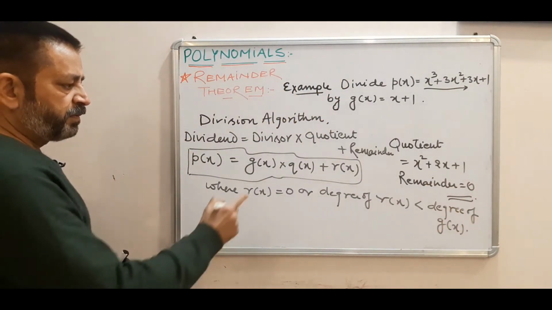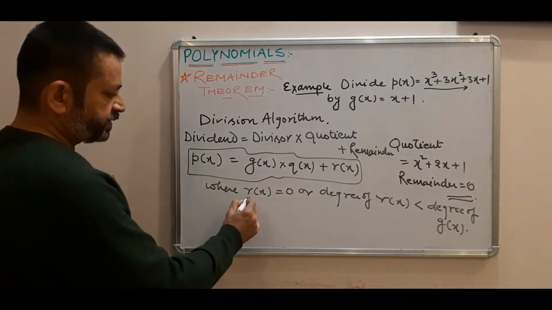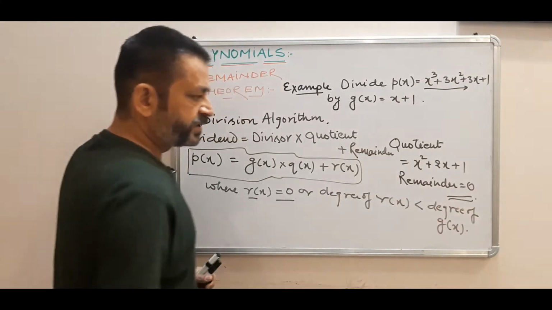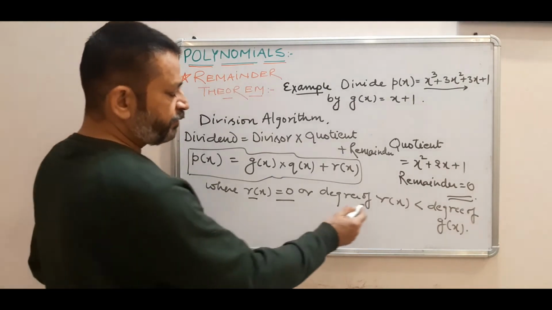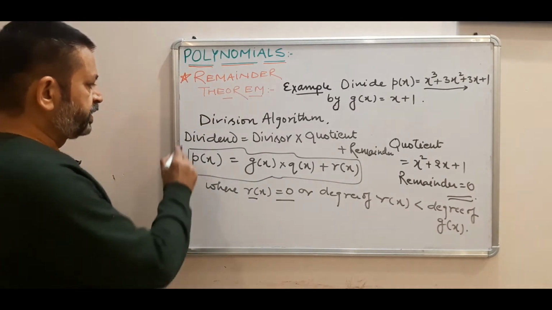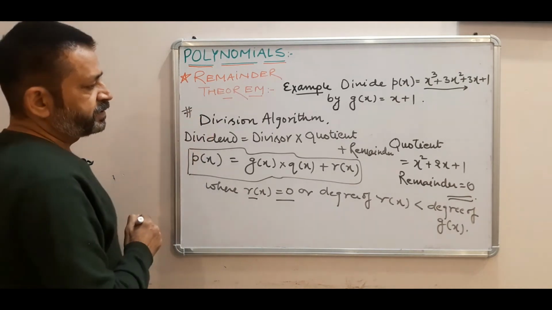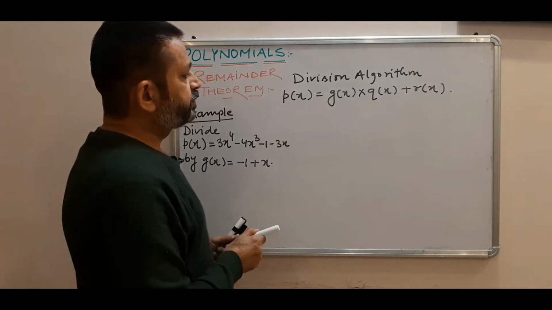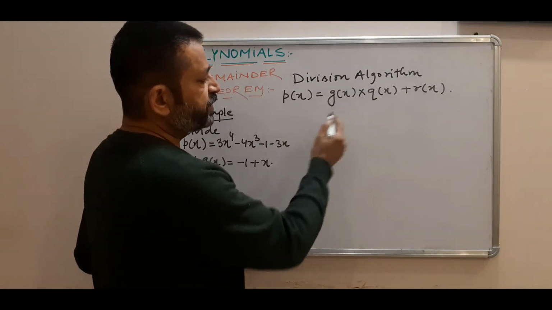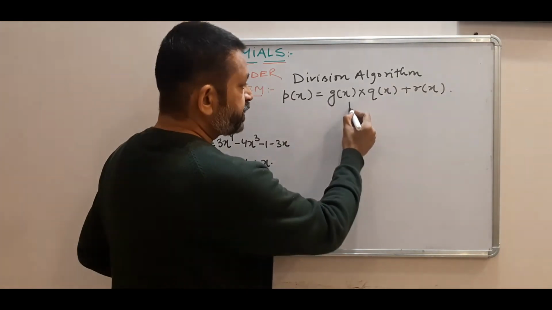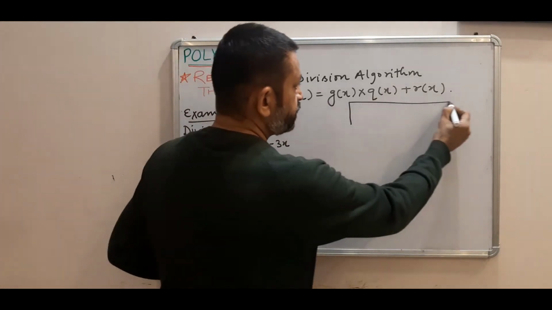Okay, remember this part, that r(x) may be 0, like in this case we got remainder 0, or the degree of r(x) must be less than the degree of g(x). So this is a very important part for this remainder theorem. In this division algorithm, p(x) is equal to g(x) into q(x) plus r(x). You just need to remember 2 points which are very important.